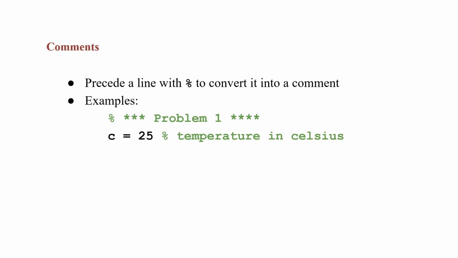I've mentioned this previously. Comments in MATLAB are preceded with the percentage sign. On the keyboard, it's simply Shift and number 5. It will appear in green. That's how you'll know that this is actually a comment.